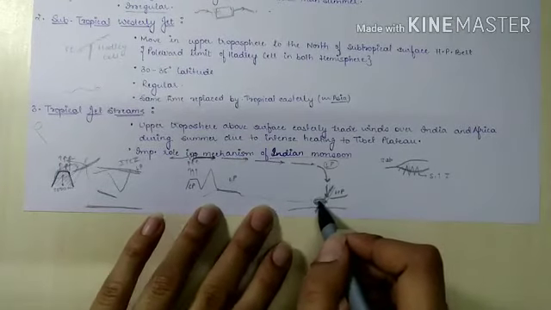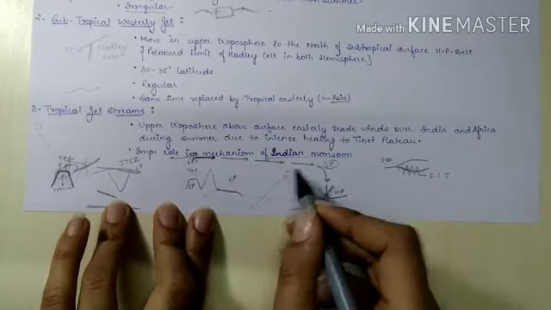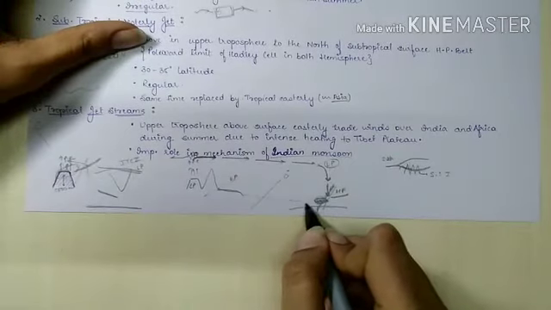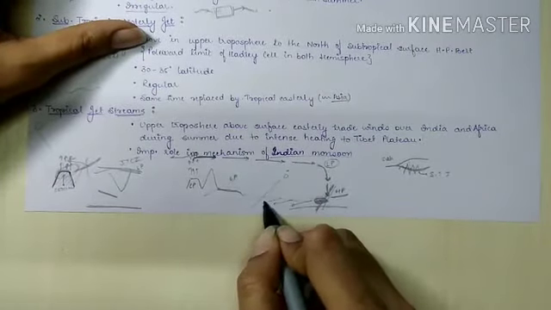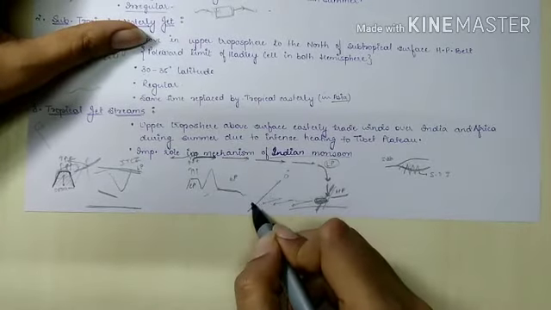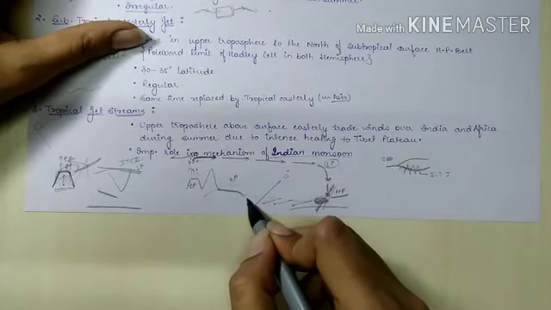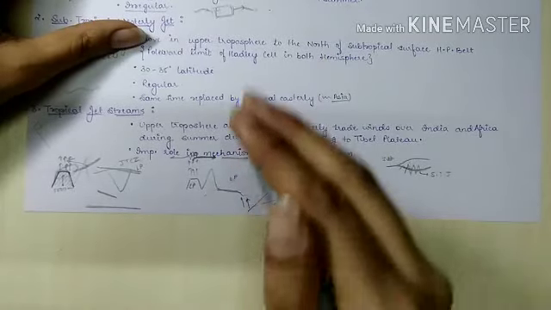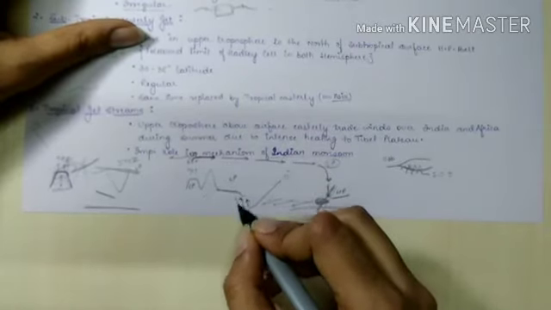This is our equator, 0 degree. The southeast trade winds that were moving now move with much more velocity, and as they cross the equator, due to Coriolis force, their direction changes towards the northeast, and they are known as southwest winds.